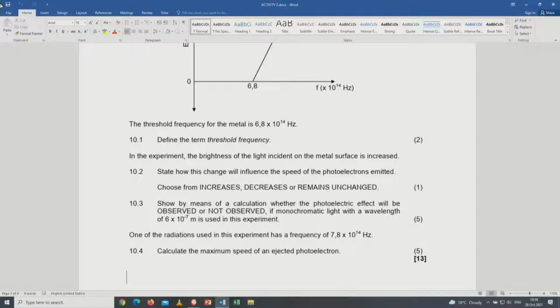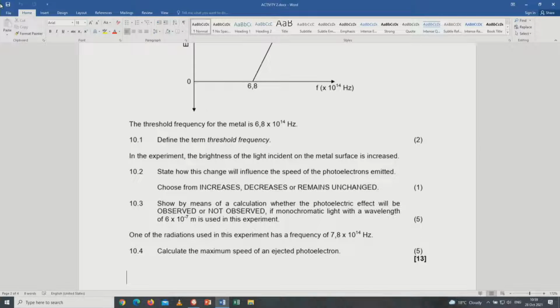Then the work function, we look at the graph there. We are given the threshold frequency. We are not given the work function. So because we are given the threshold frequency, the work function will also be expressed in terms of the threshold frequency. That will be hf naught.